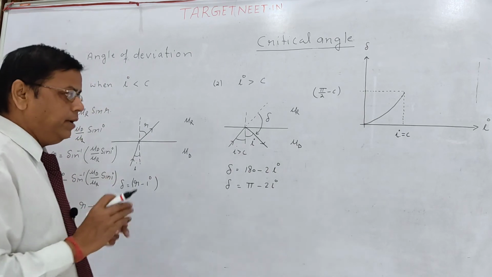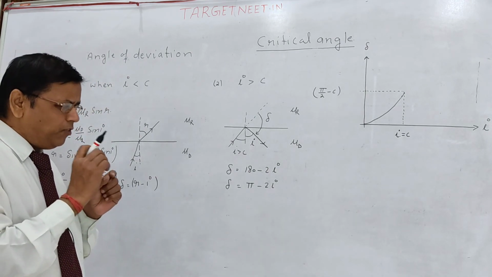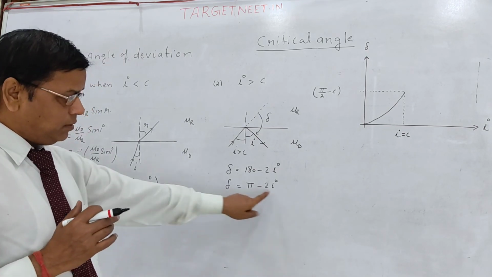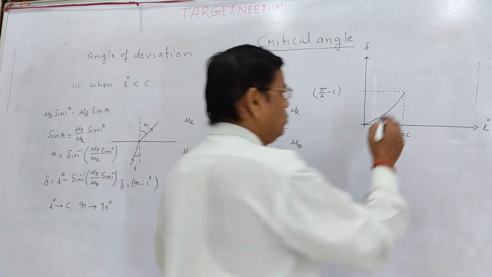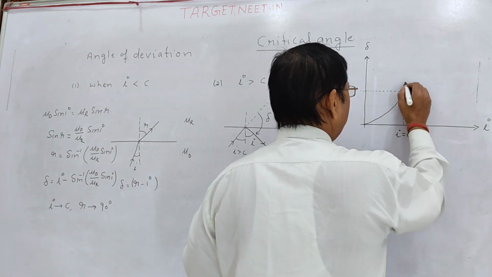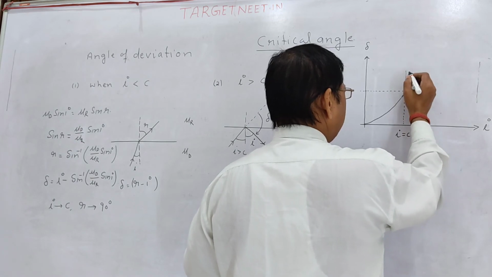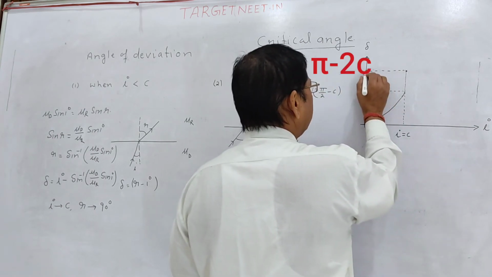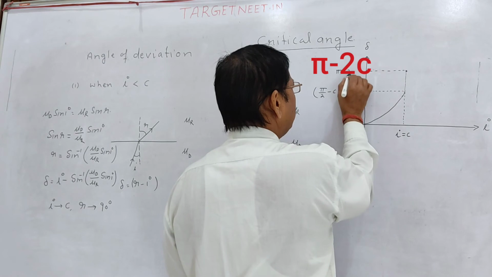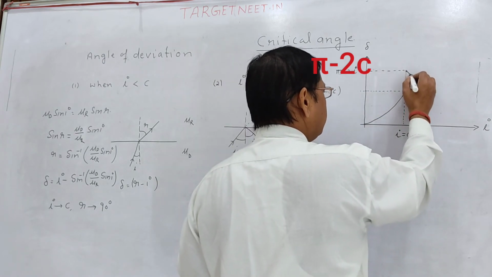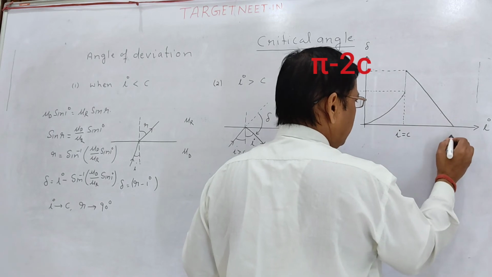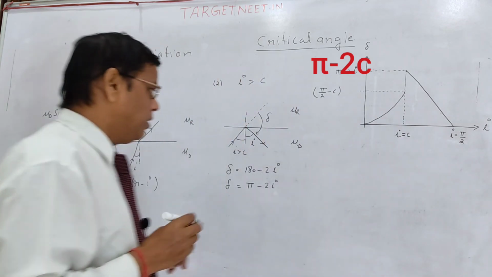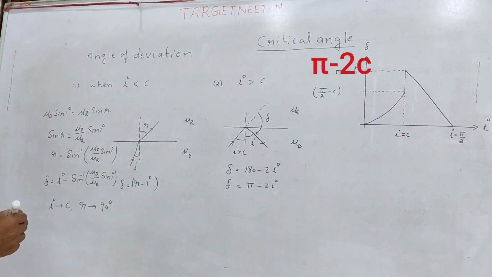So if i increases very little from C, deviation reaches to this, and then deviation decreases with angle of incidence. So when i is slightly increased, deviation suddenly becomes 180 minus 2i, and then it decreases with angle of incidence, and here angle of incidence is 90 degree, because angle of incidence can't exceed 90 degree.